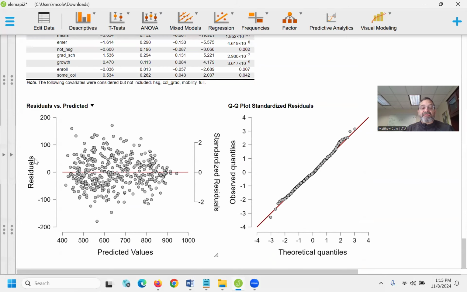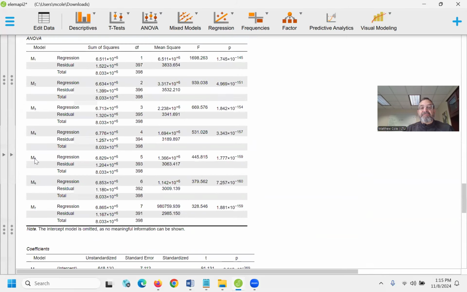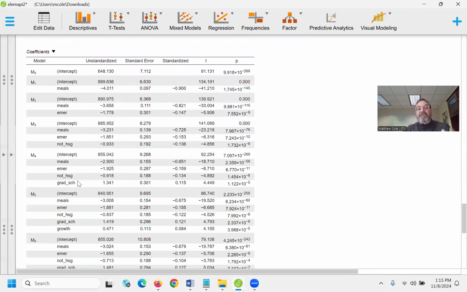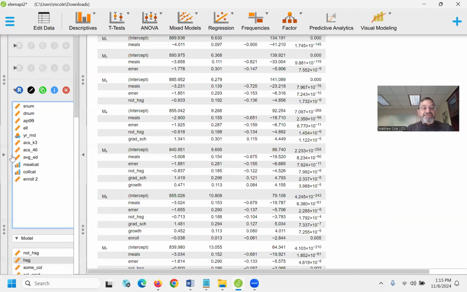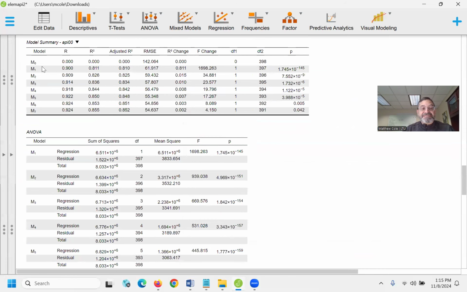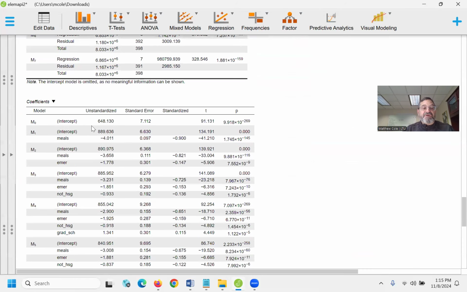It helps you get the ball rolling to start thinking about relationships among a lot of predictors and what might be the best set. So we threw in there 1, 2, 3, 4, 5, 6, 7, 8, 9, 10, 11. We threw in 11, and of those 11, there were only 6, right? Because model 0 didn't have anything in it. There were only 6 that were the significant predictors.